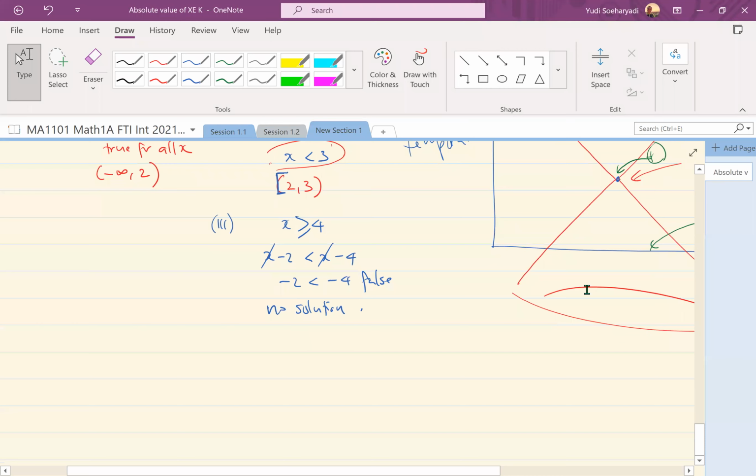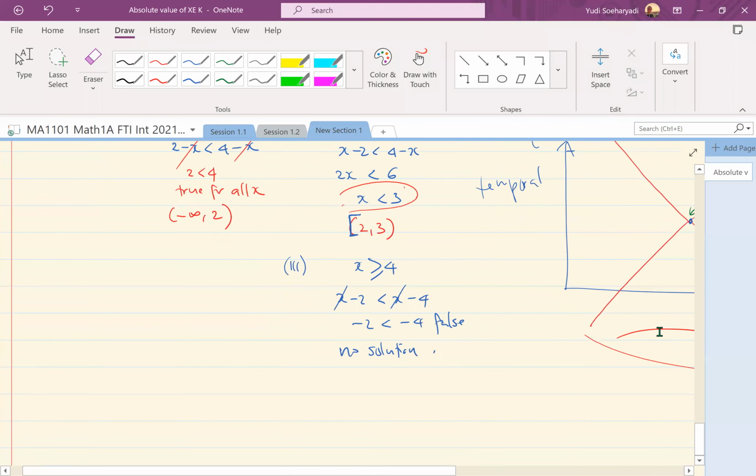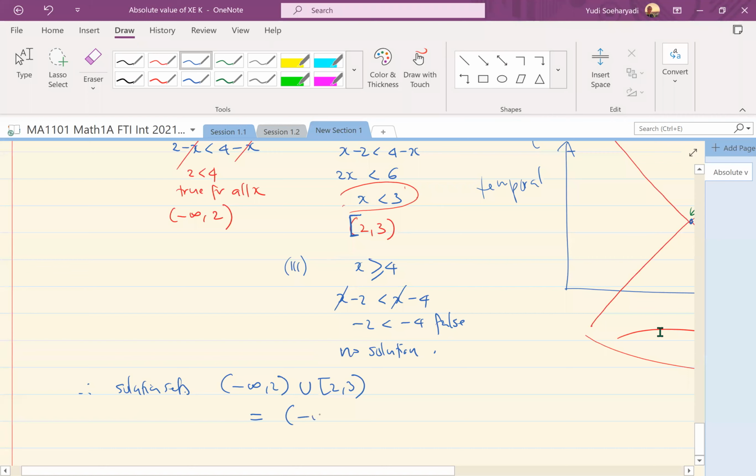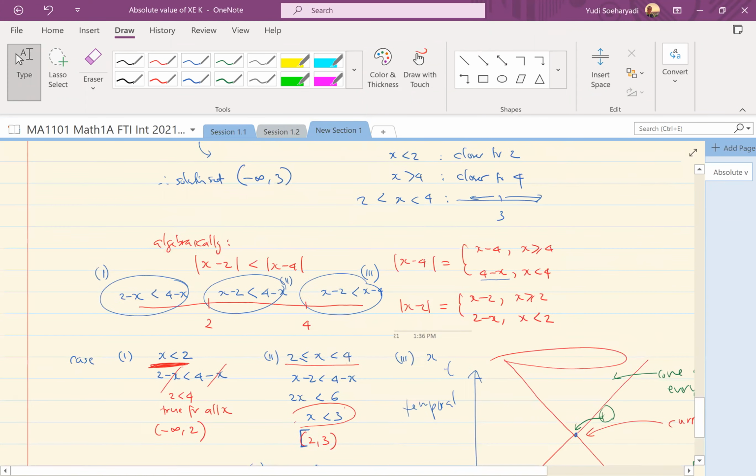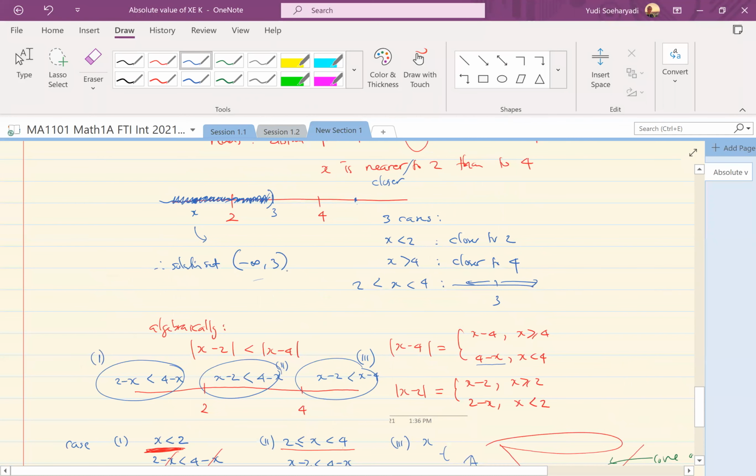All right, so from cases 1, 2, and 3, if you add them up together, you have that. That's the same as this one here.